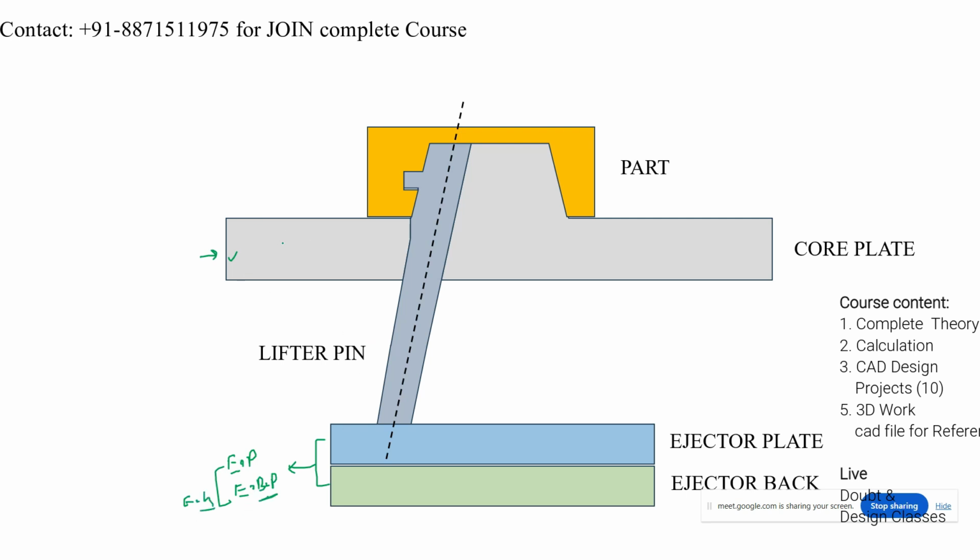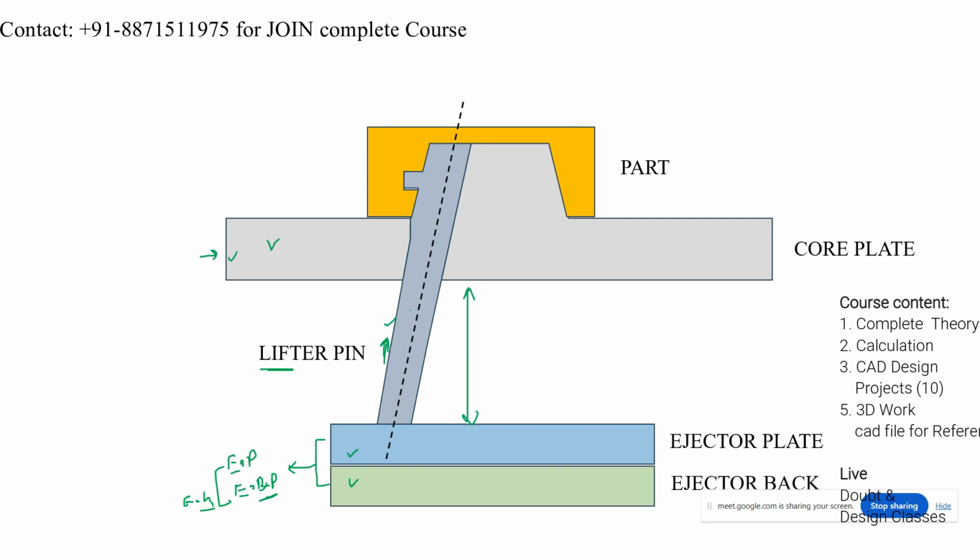Now you can see that this is the core plate, and this is the ejector grid. Here you can see that the lifter pin will be attached with this ejector plate or ejector grid. The ejector grid movement is responsible for the movement of the lifter pin.